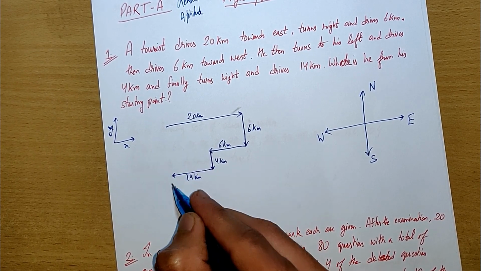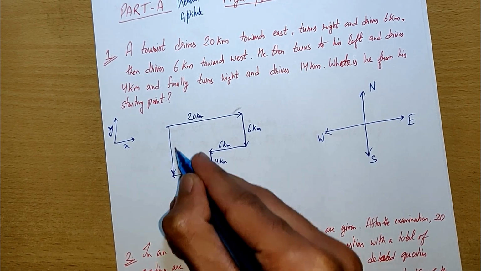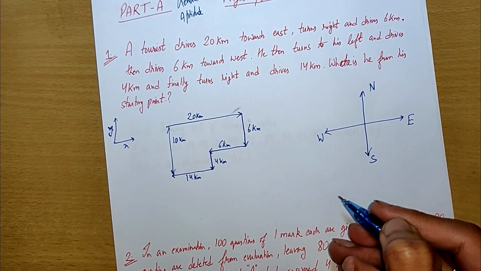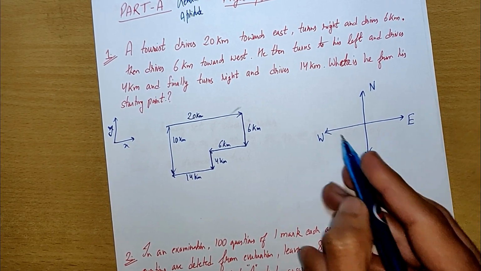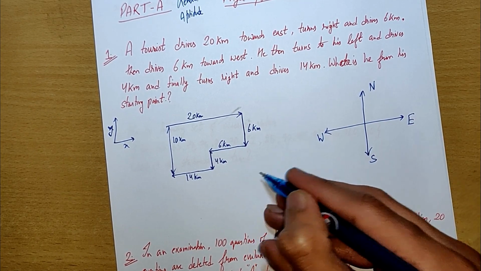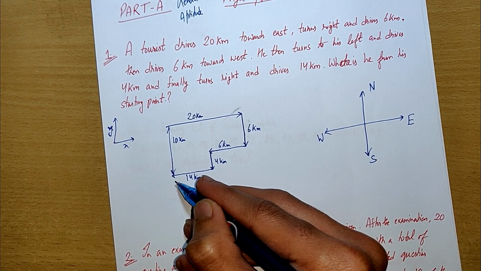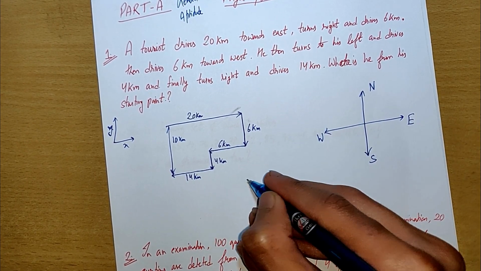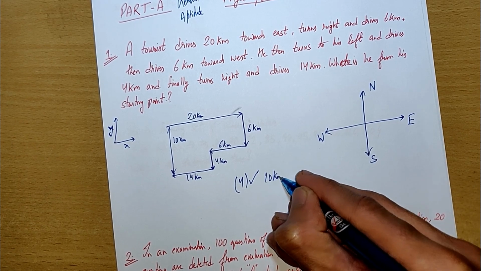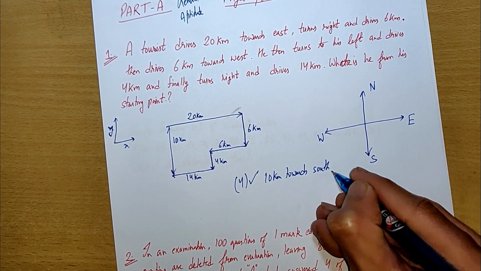So in the y direction the displacement would be 6 plus 4, so 10 kilometers. So where is he from the starting point? The answer would be, from the starting point he is 10 kilometers towards south. So the answer will be option 4, 10 kilometers towards south.